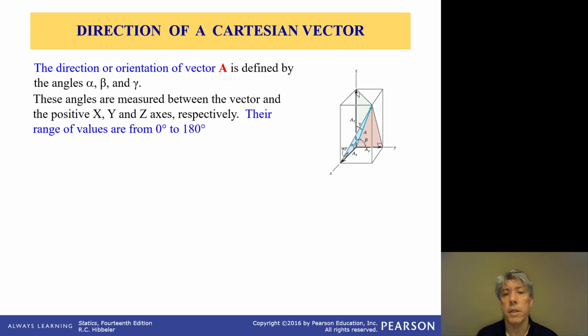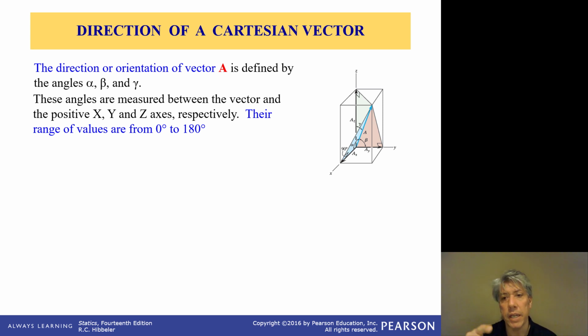All right, now there's another concept with these 3-dimensional vectors that is important. That is the angle that the vector makes with respect to the coordinate axes. So you'll notice that vector A has an angle from the x-axis of alpha. It's kind of hard to see there in the figure, but it's there. It has a different angle to the y-axis, beta, and then it has an angle from the vector to the z-axis of gamma.